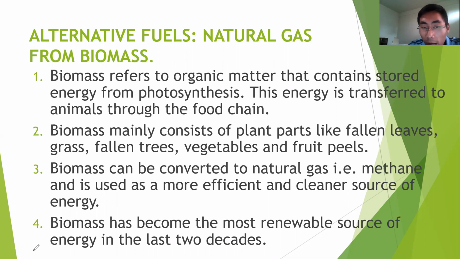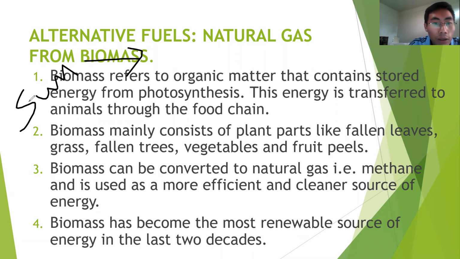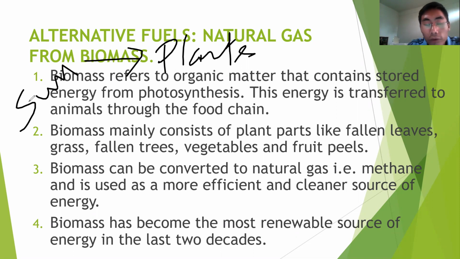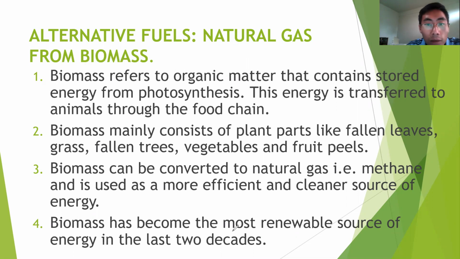Now, see, photosynthesis is nothing but plants making their own food in the presence of sunlight. Now, the ultimate source of energy is from the sun, right? From the sun, light energy is used, and then plants through photosynthesis make glucose.